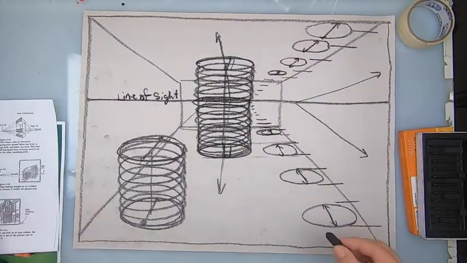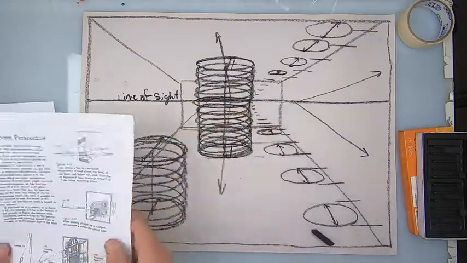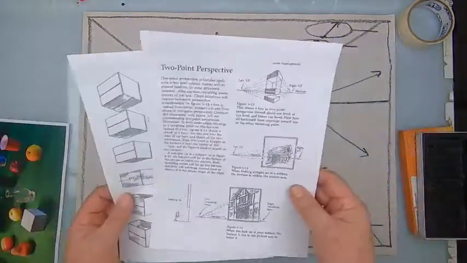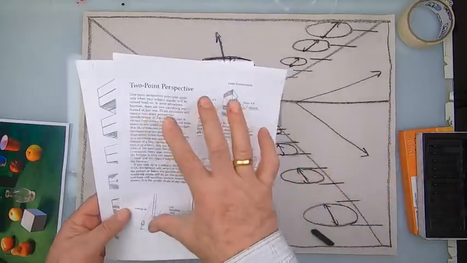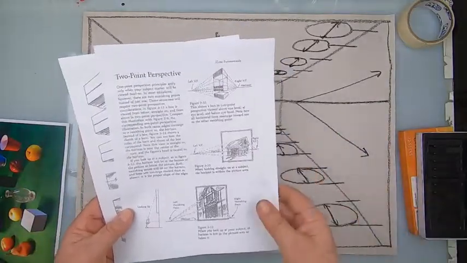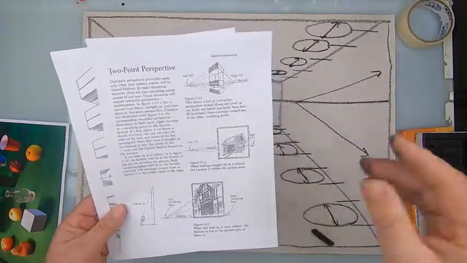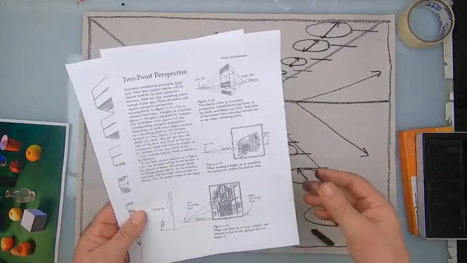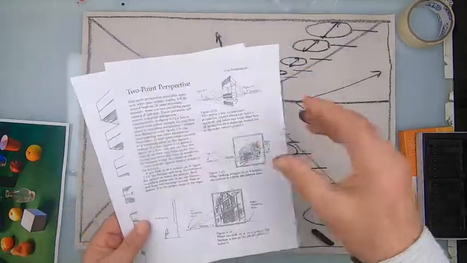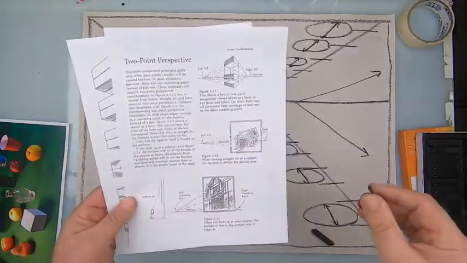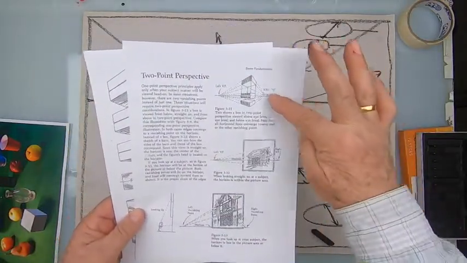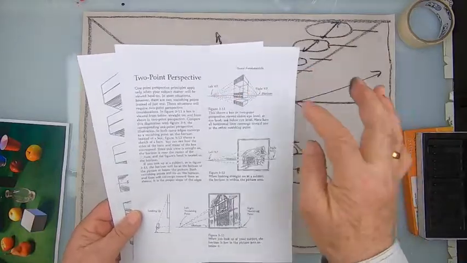So this lesson, you can make reference to this two-point perspective material through the course Blackboard interface. There's a whole bunch of these documents there you can print out and you should become familiar with. As you can see, there's our horizon line, our vanishing points.